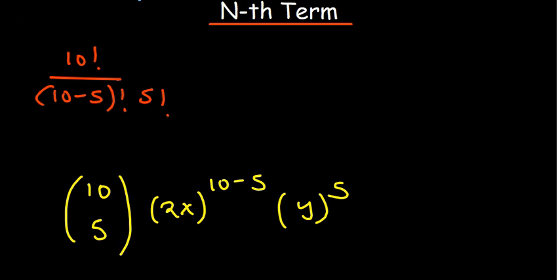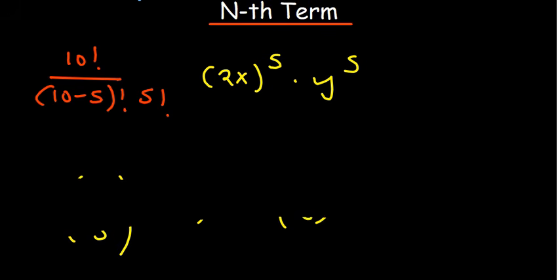Then 2x, 10 minus 5 is just going to be 2x to the power 5 and then y to the power 5. Okay, let's see what we're going to have.